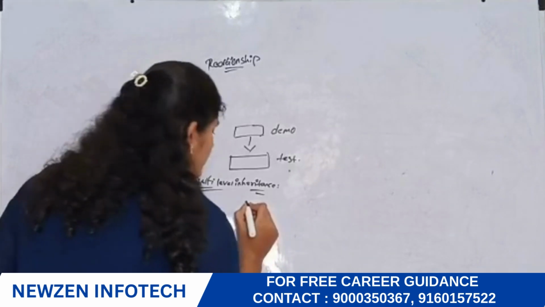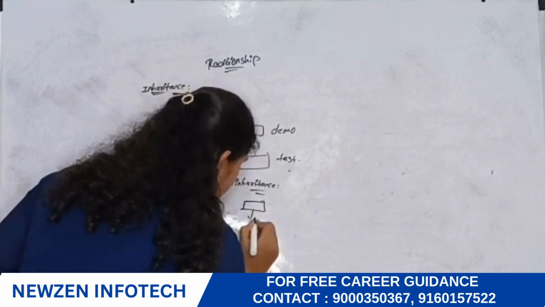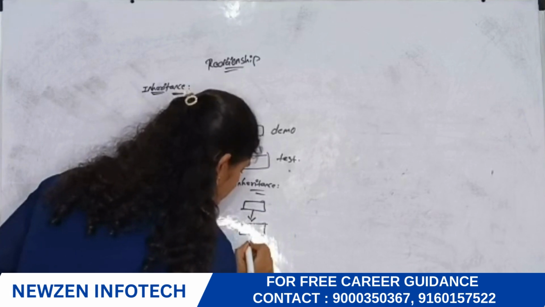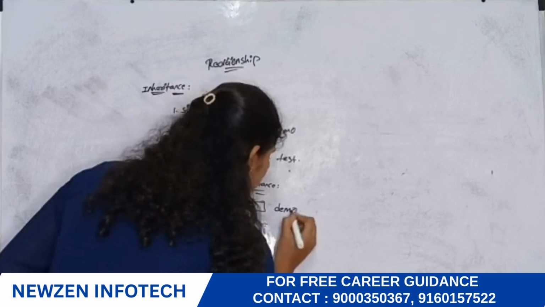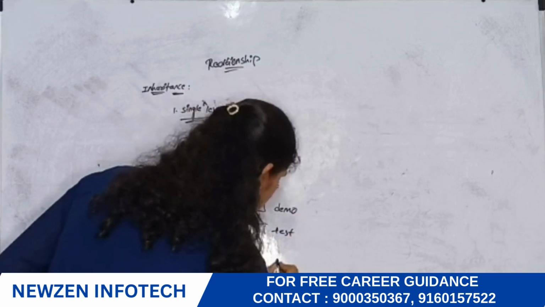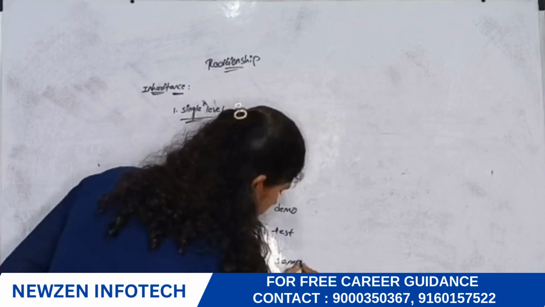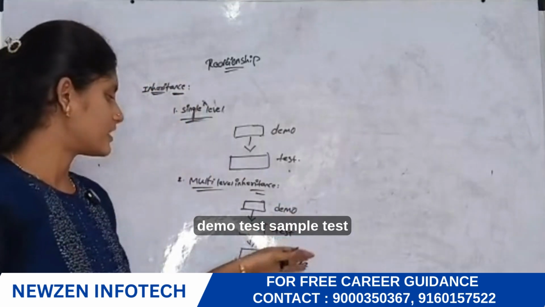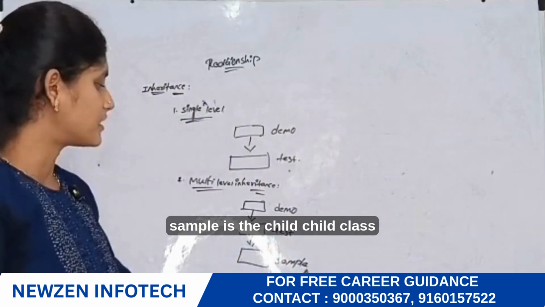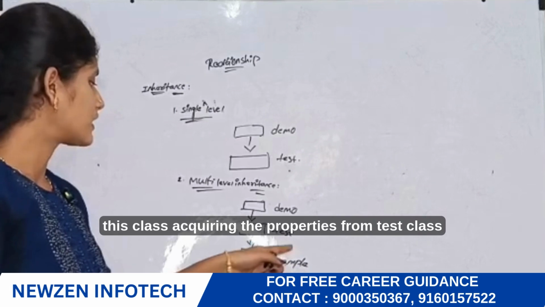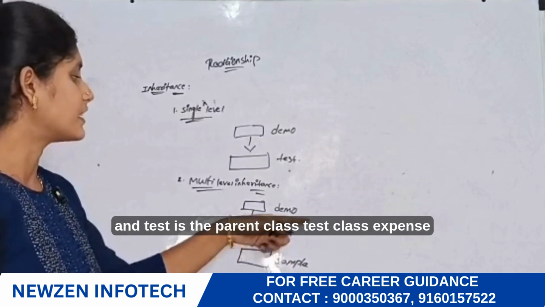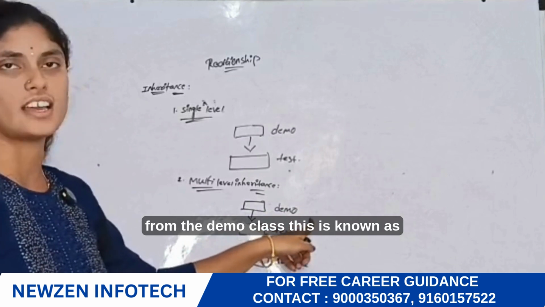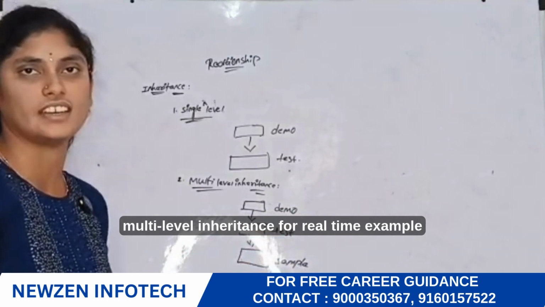For example, Demo, Test, Sample. Sample is the child class. This class acquires the properties from the Test class, and Test is the parent class. Test class extends from the Demo class. This is known as multi-level inheritance.